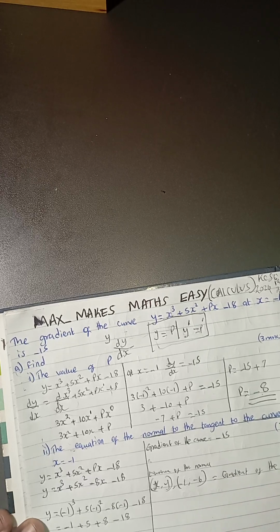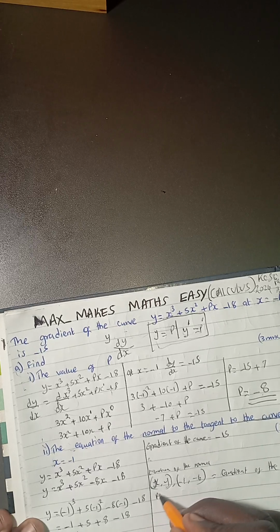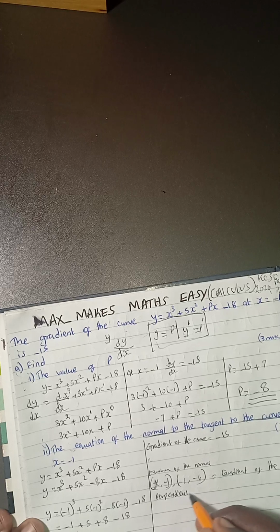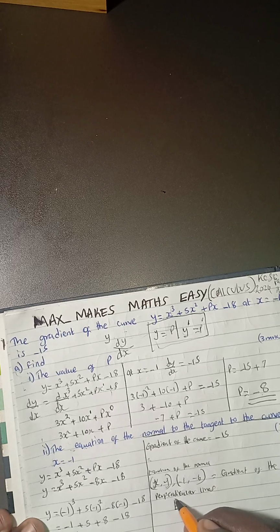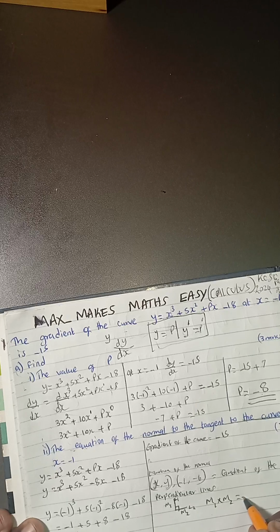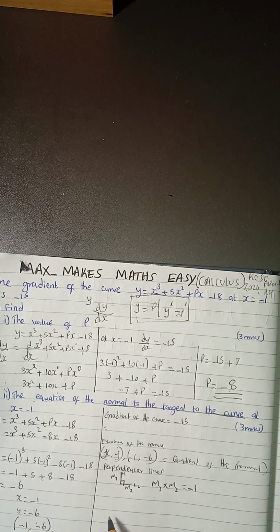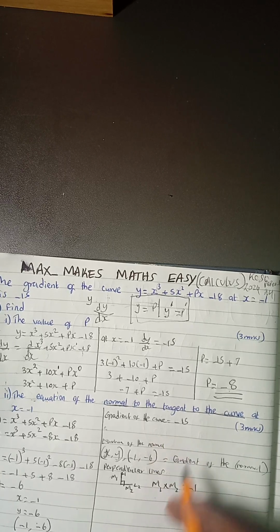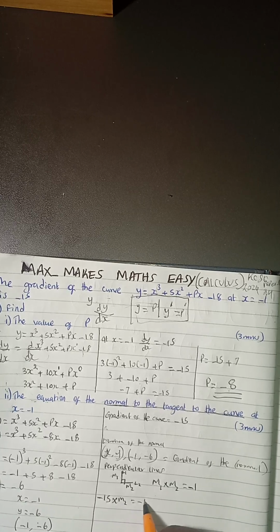Remember what we said in Form 2: perpendicular lines. If line 1 has the gradient m1 and line 2 has the gradient m2, then m1 times m2 is equal to negative 1. We know the gradient of the first line is negative 15, so times m2 we must get negative 1.